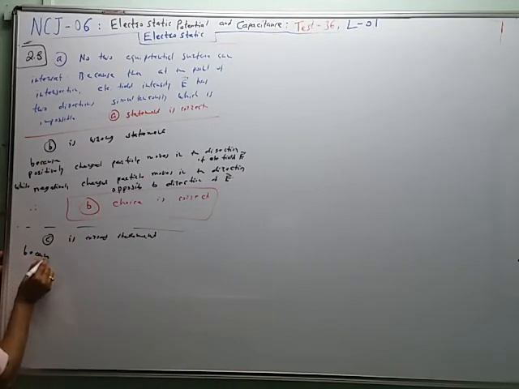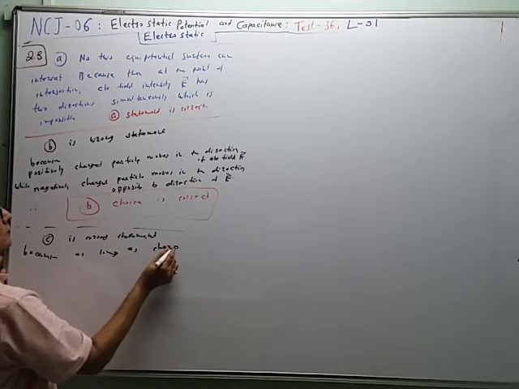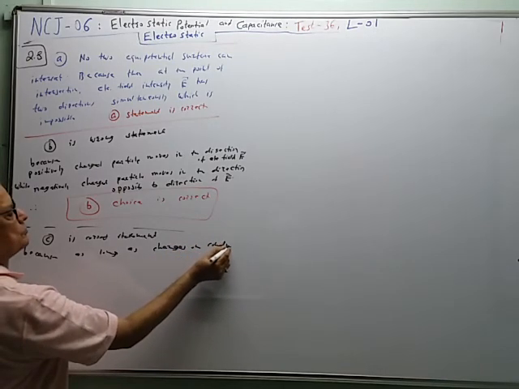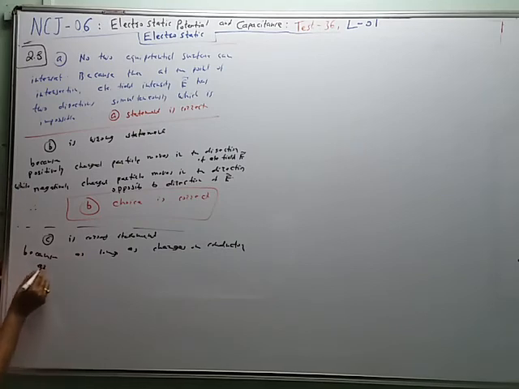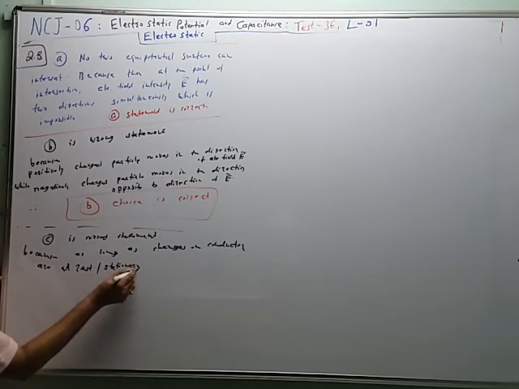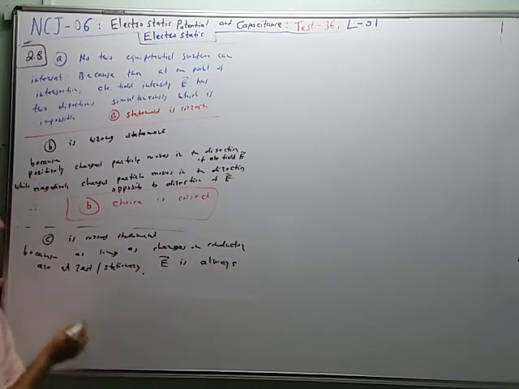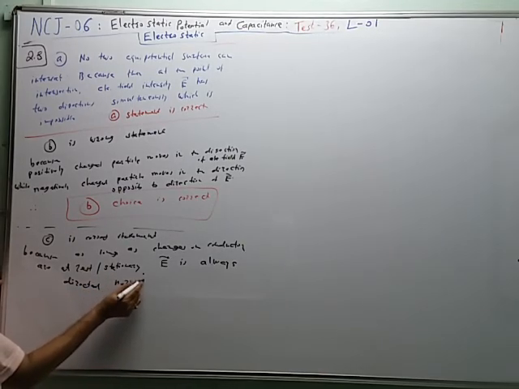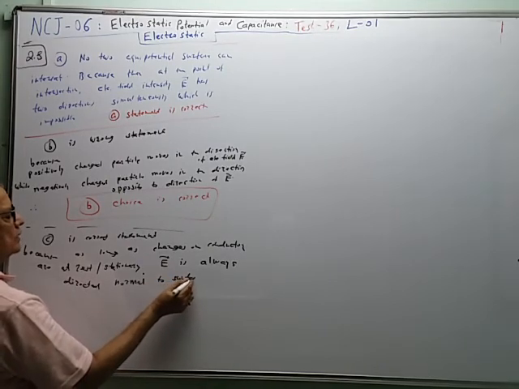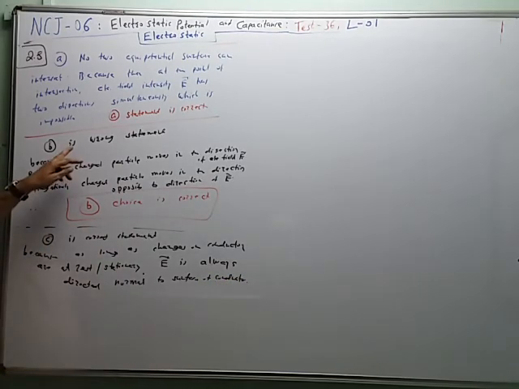Because as long as charges on the conductor, whatever the shape may be, as long as charges on the conductor are at rest, stationary, electric field intensity E is, this is the 5-star property that we have seen, E is always directed normal to the surface of the conductor. We are going to select the wrong statement, therefore B is correct.